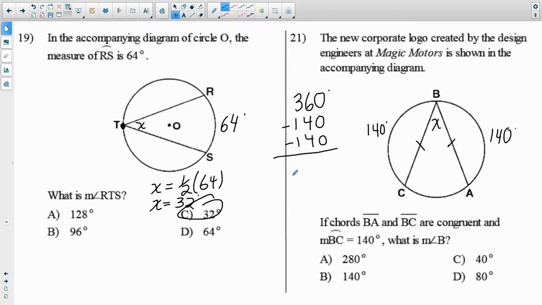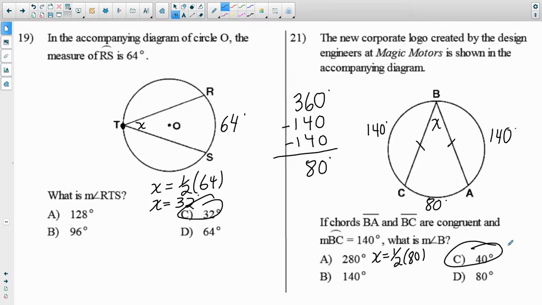It's basically 360 minus 280, which will be equal to 80 degrees, meaning that this arc right here would have to be 80, because 140 plus 140 is 280, plus 80 is 360. Well, now I could say that's an inscribed angle, so x will be equal to 1/2 of 80, which would be equal to 40.